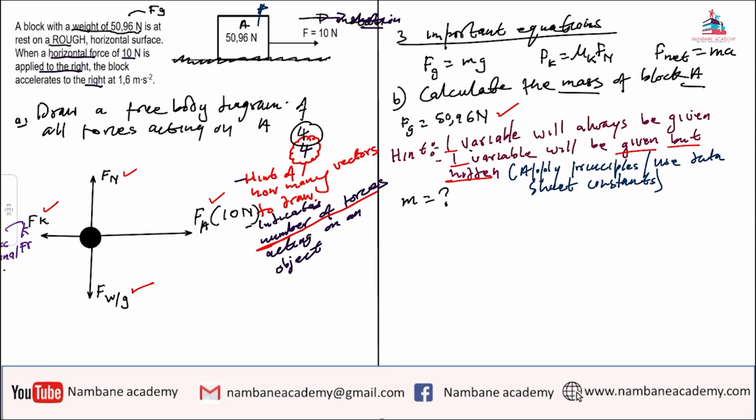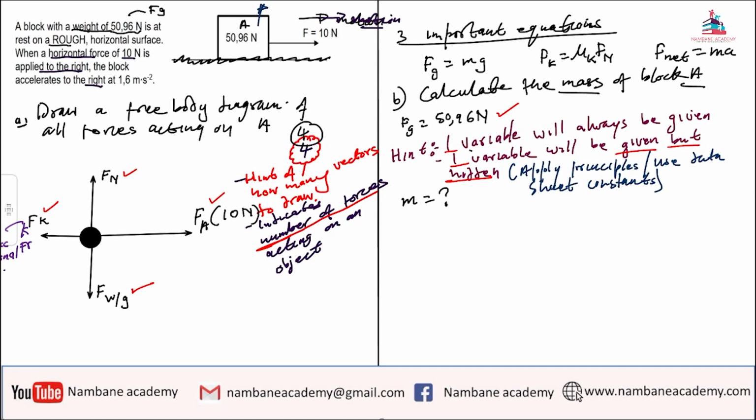But what does it mean about the value of the gravitational force and the value of the F normal? What does it mean in terms of the magnitude of Fw and Fn when you look at the free body diagram?